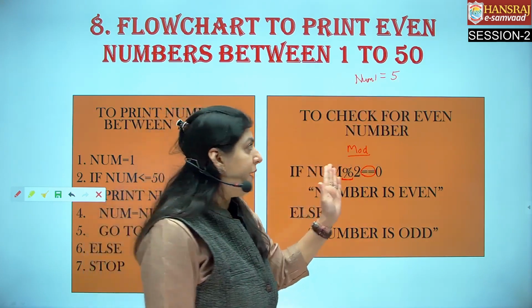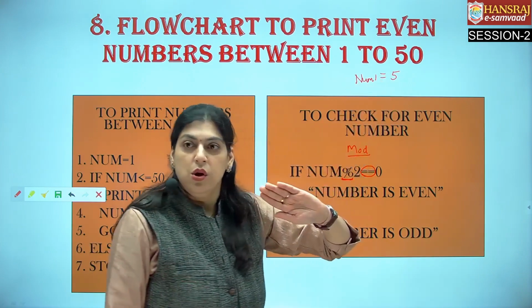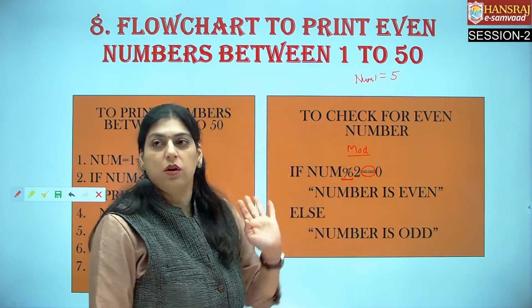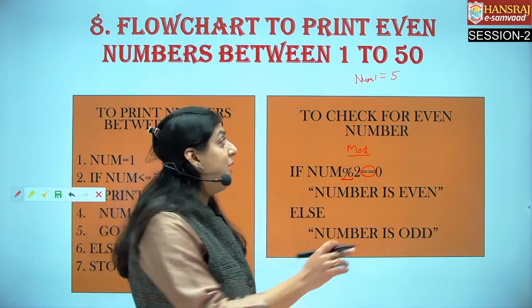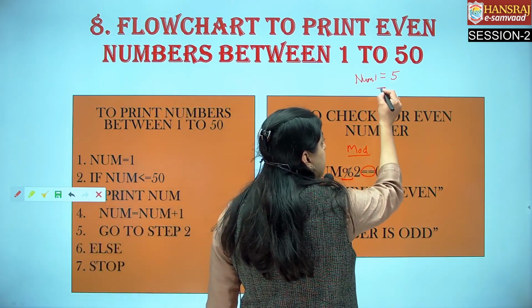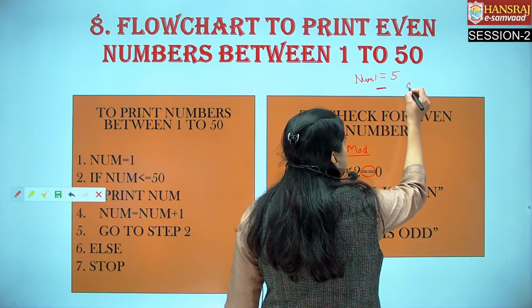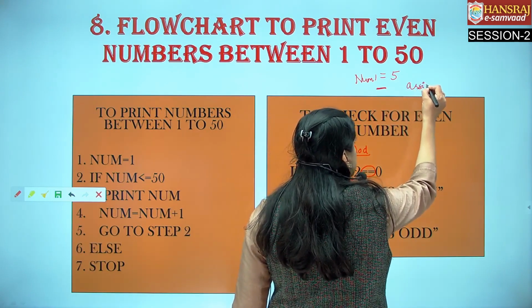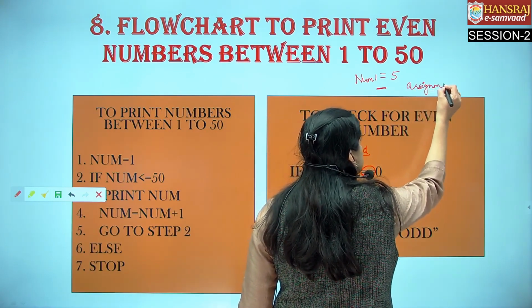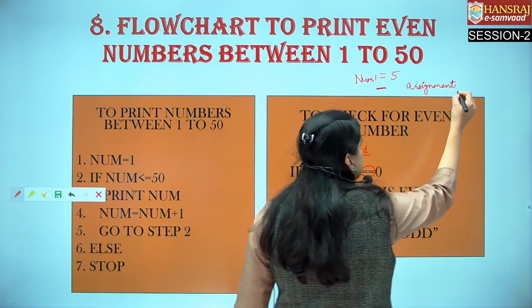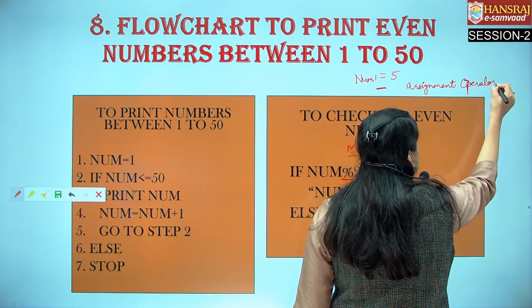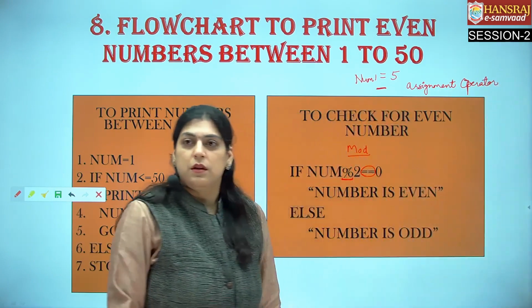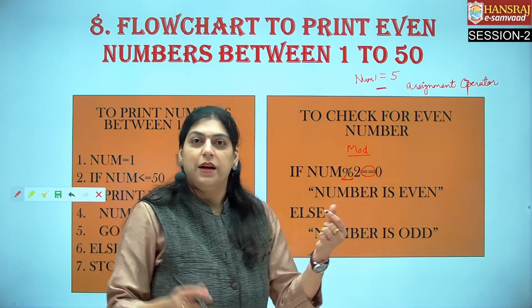Whatever value I write to the right hand side of equal to will be assigned to this particular variable. We call it an assignment operator. Here, this is double equal to.